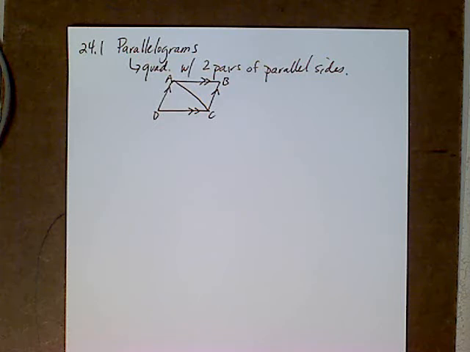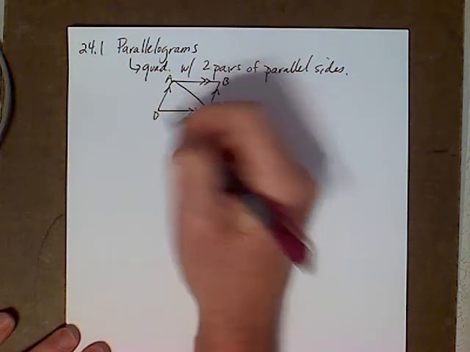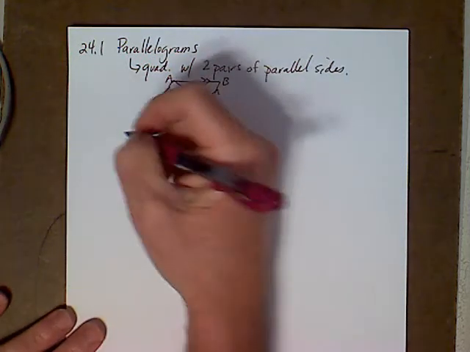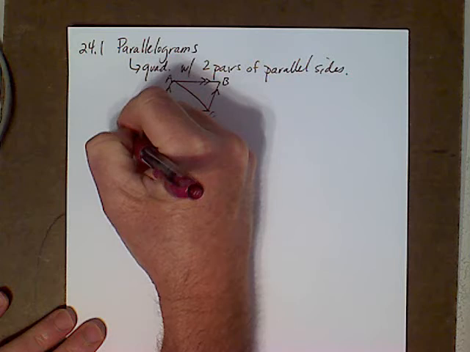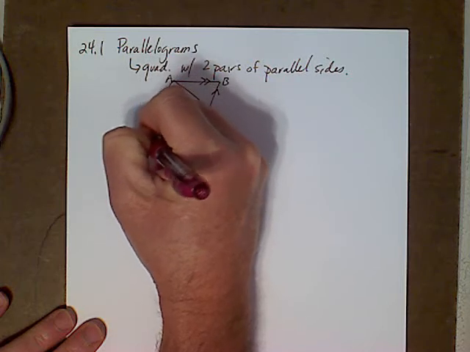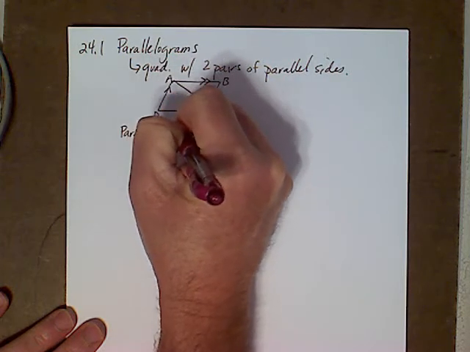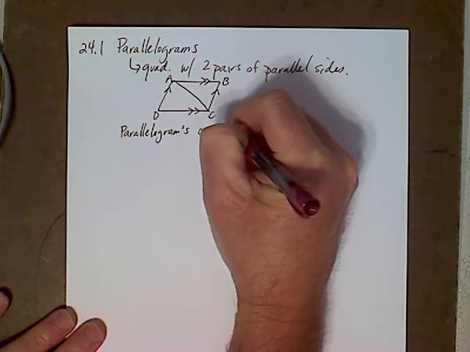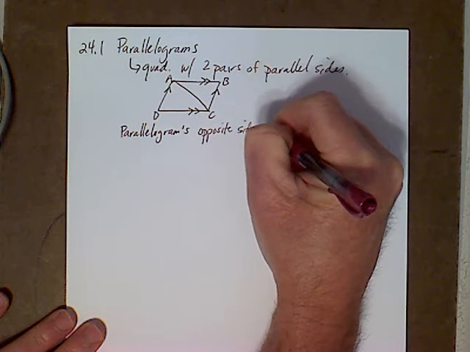Now there's a theorem that comes up in this section that says that if you have a parallelogram, then the opposite sides are congruent. So we're going to write that down here. In a parallelogram, opposite sides are congruent.